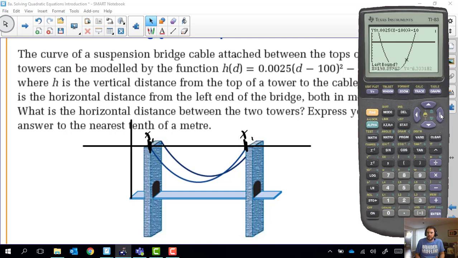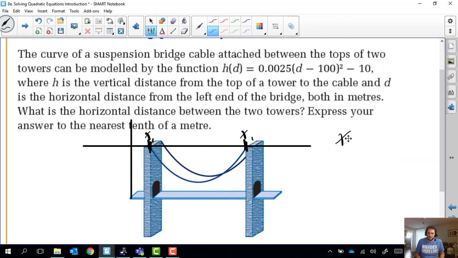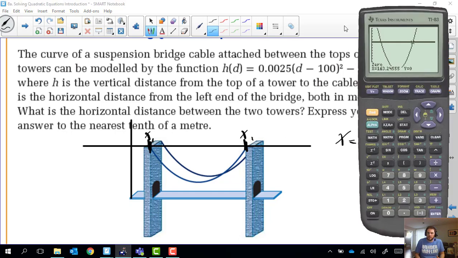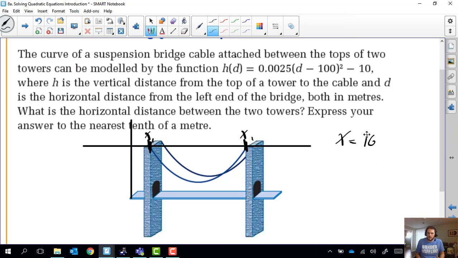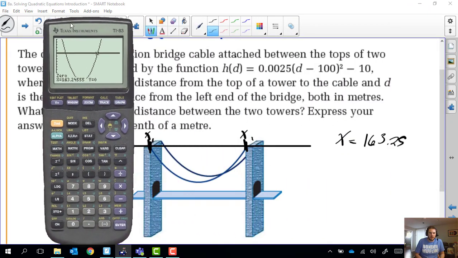What we're going to do is take that flashing x and bring it to the left of one of my x-intercepts, and then bring it to the right of the same x-intercept, and we get x is 163.25. So 163.25, right?